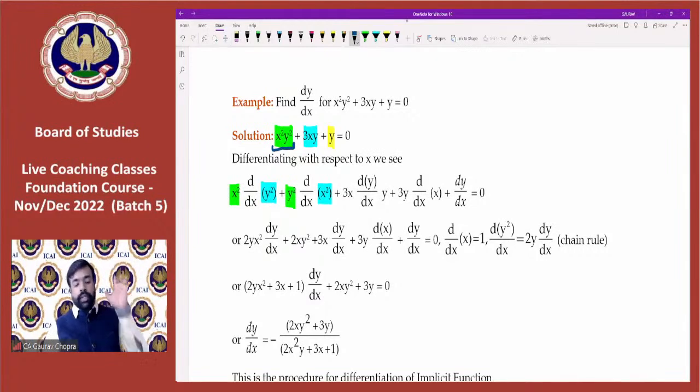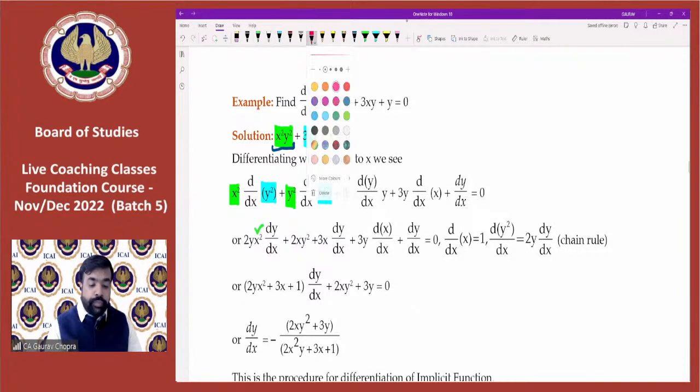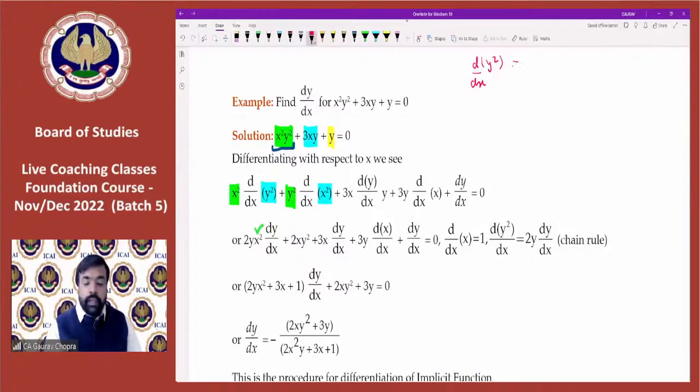We have put x square y square into the formula. Okay, so let's solve this portion only first. x square will remain as it is. Now what about y square? Derivative of y square is 2y, this we have done just now, derivative of y square is 2y and then dy by dx.